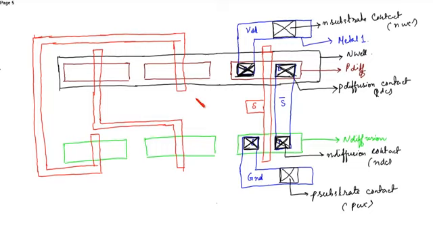Okay, now the gates are interconnected. The first gate is connected to S bar and the second gate is connected to S.